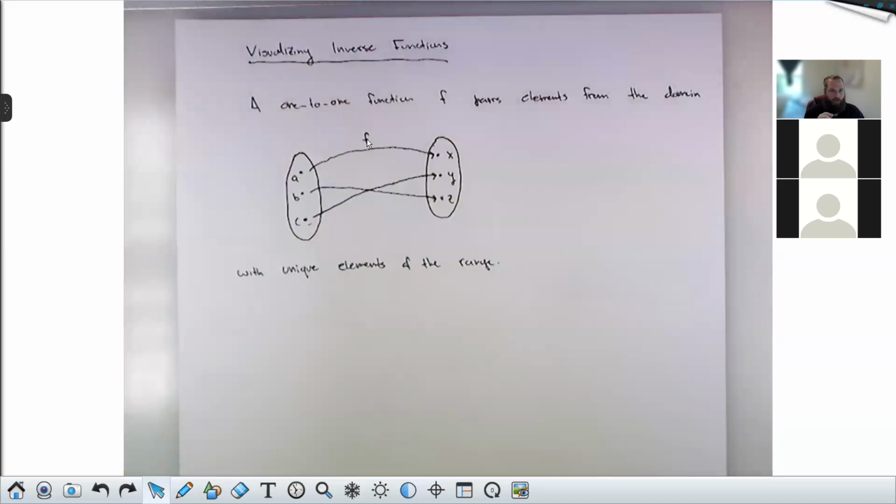The reason one-to-one functions are so nice is because the concept of an inverse for functions is just turning the arrows around, having the arrows point back the other way. If I want such a thing to be a function, then I need the original to be one-to-one. So let me add in these arrows.